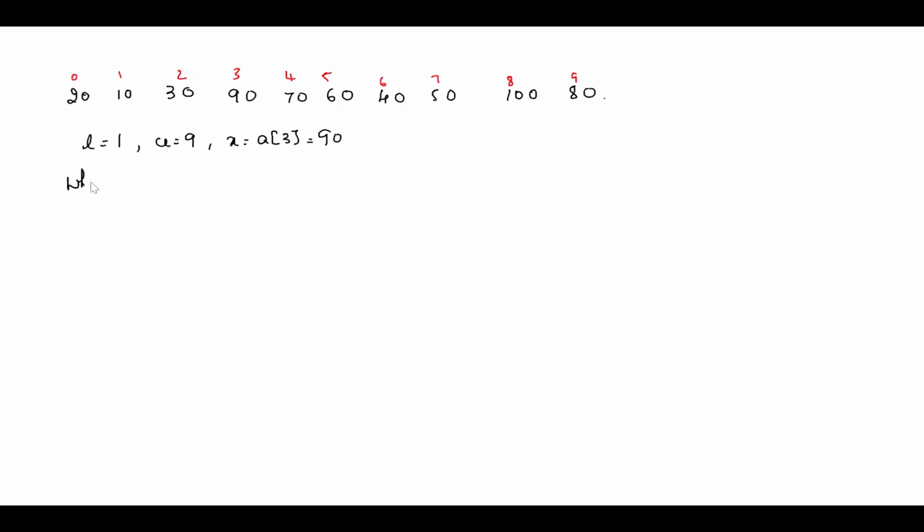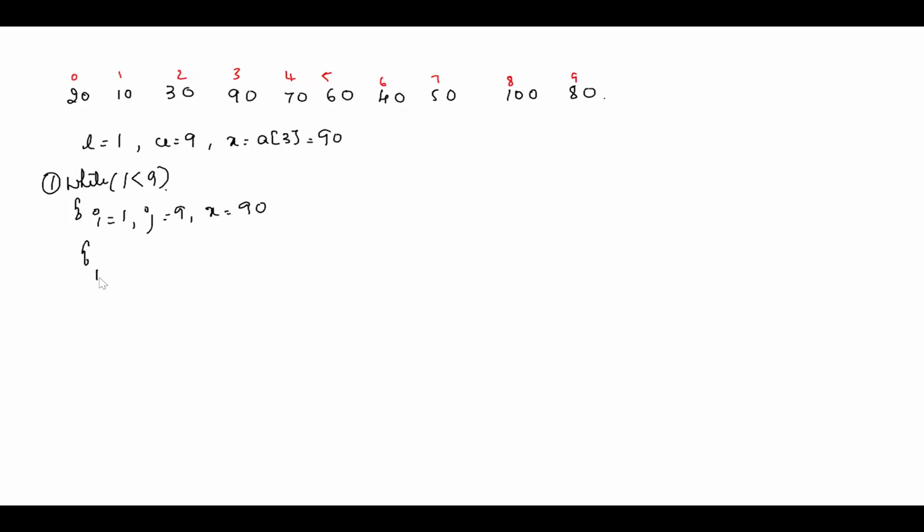Okay, now we are going to check the while condition, that while lower bound is still less than upper bound, and now we will initialize. This is true, hence this is the first iteration. Now I'm going to initialize my values. I is going to be 1, J is going to be 9, and also of course our x value, which we already know, is going to be 90.